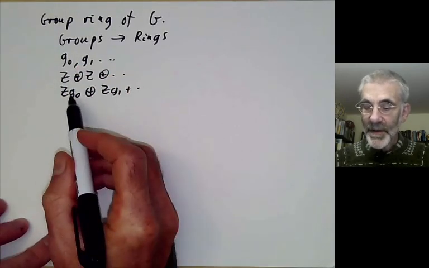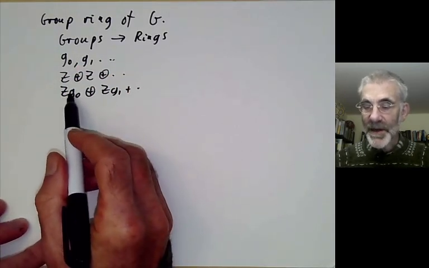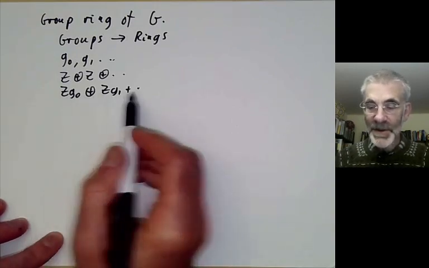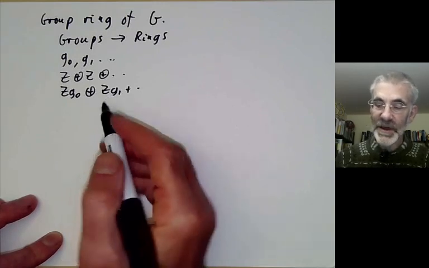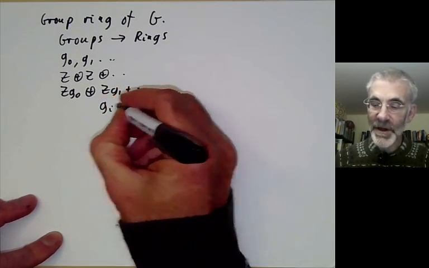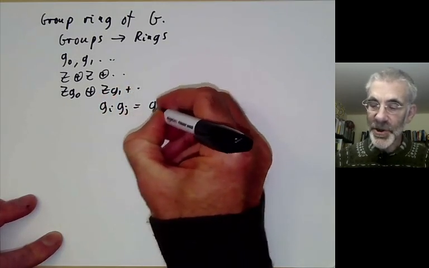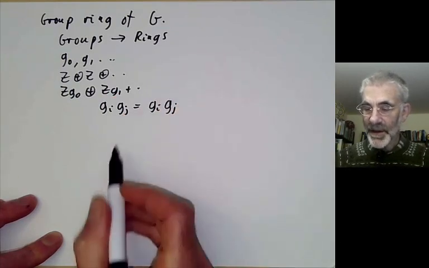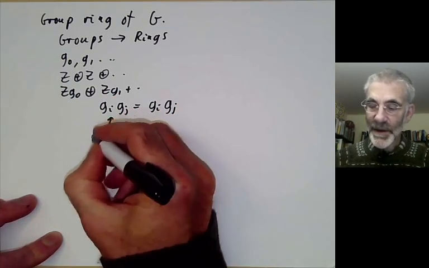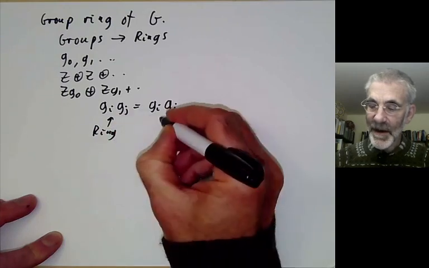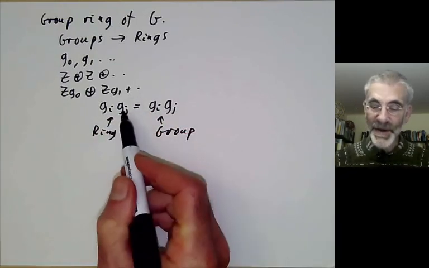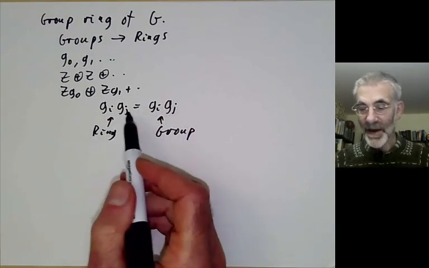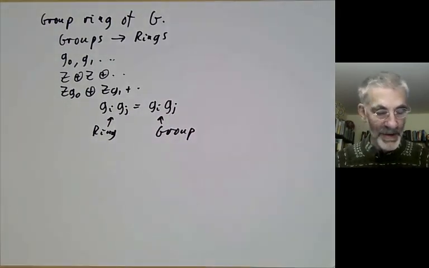So the elements are just formally linear combinations of elements of the group G. And addition is kind of obvious, and multiplication is kind of obvious too, because we define gi gj to be gigj. So here this is the ring multiplication and this is the group multiplication, so we're just doing the obvious thing and saying you multiply elements in the ring in the same way that you multiply them in the group.